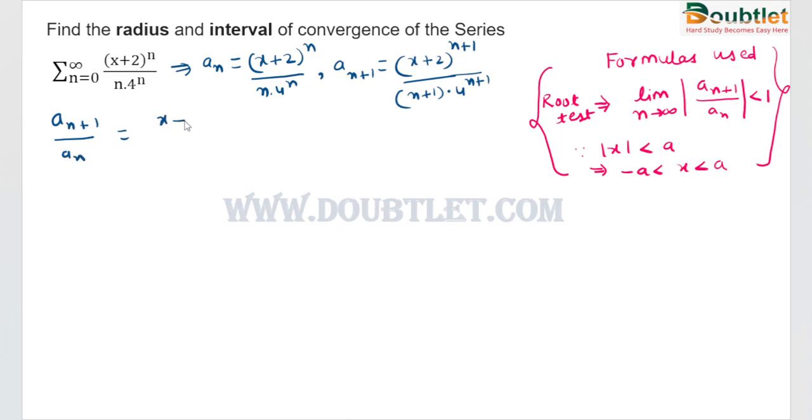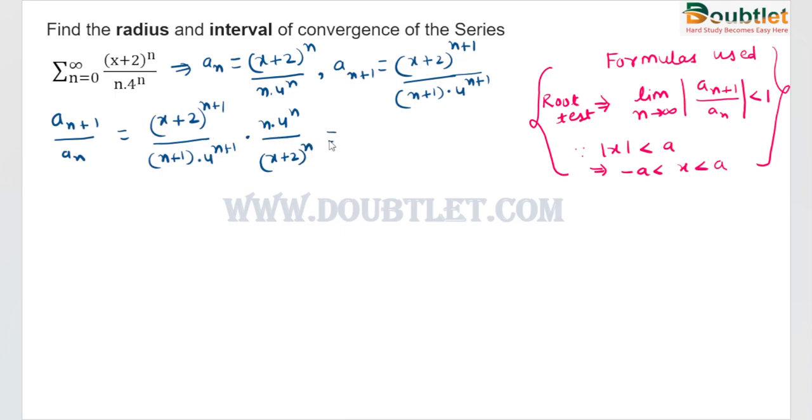We can easily see that (x plus 2) to the power n plus 1 is divided by (n plus 1) and 4 to the power n plus 1. When we divide, the denominator comes into the numerator: n into 4 to the power n, over (x plus 2) to the power n.